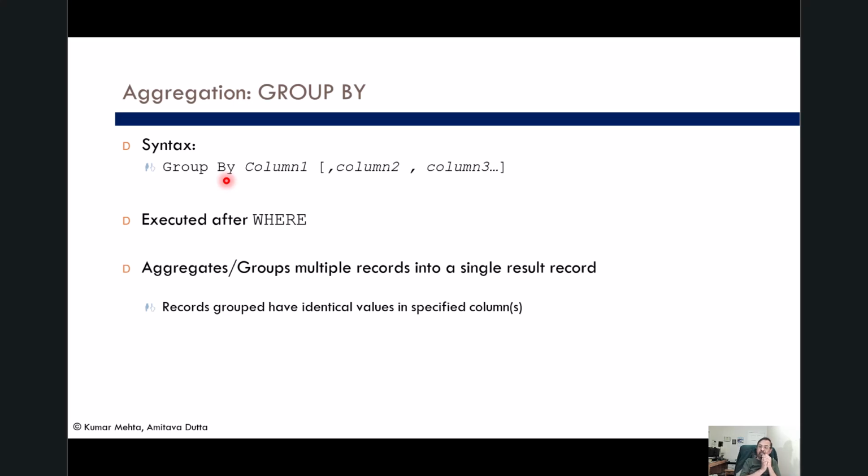So to continue with the example, if I have a table of 5,000 undergrad students and each student belongs to a particular department, I would tell the software group by department. Let's say I have a column in the student table called department.